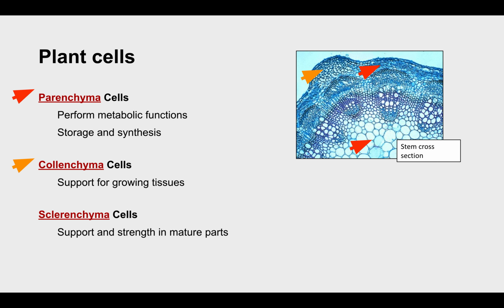So we're looking at a cross section again, looking at the red arrows here. In the middle here we have our pith. Oftentimes we're storing materials here. On the outside, maybe we have cells that might perform photosynthesis, particularly in leaves. Those would be parenchyma cells.